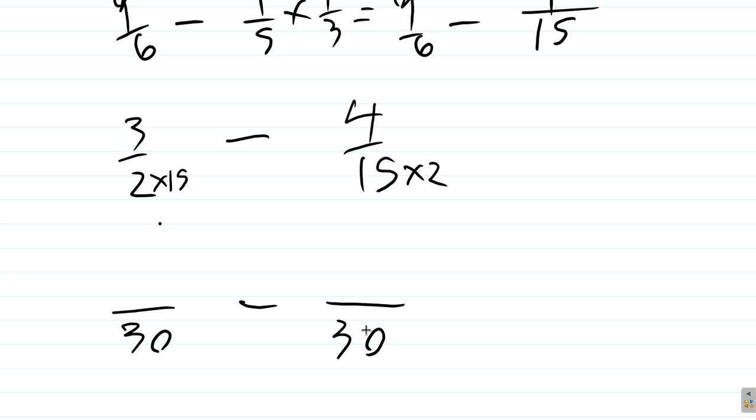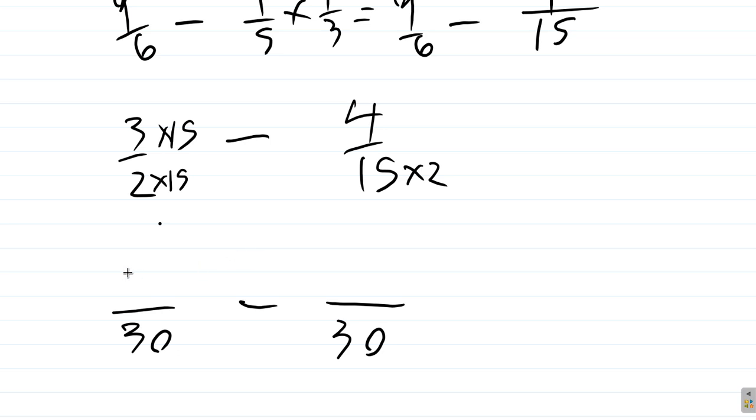Some amount of 30ths minus some amount of 30ths gives you whatever number of 30ths you have. Now, if you multiply the bottom by 15, you multiply the top by 15 too, because it's like multiplying by 15 over 15, and you know 15 over 15 is 1. Alright? That's the reasoning behind it.